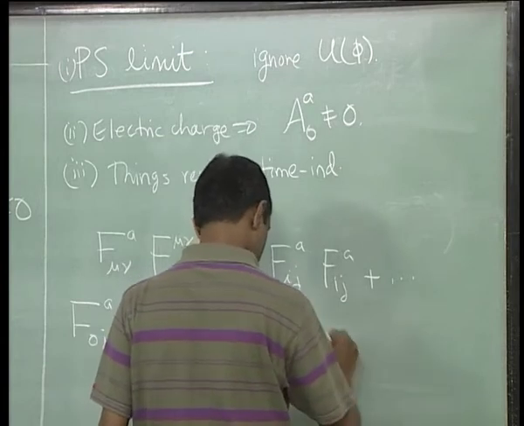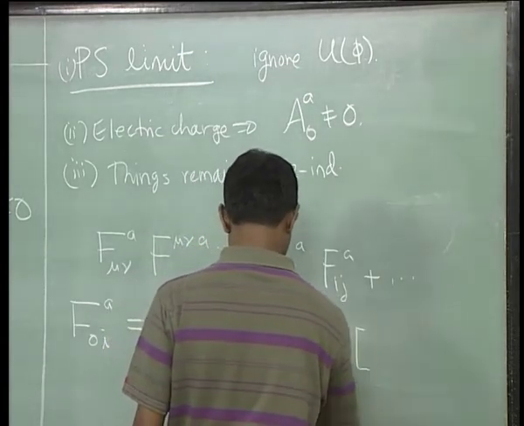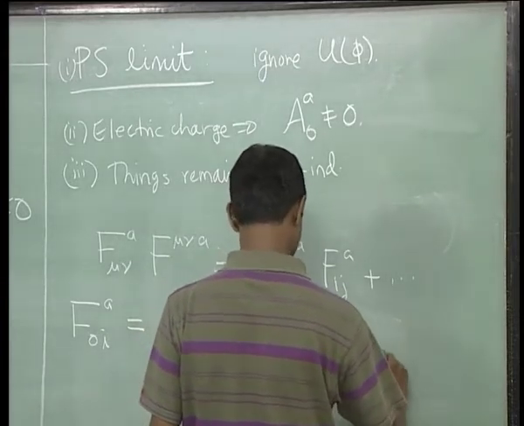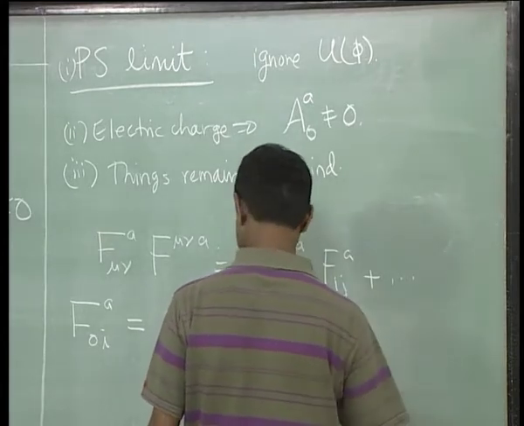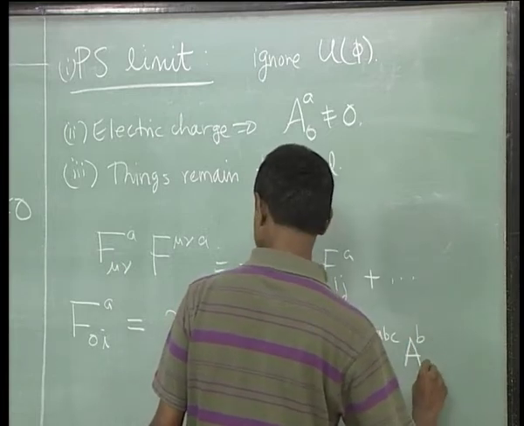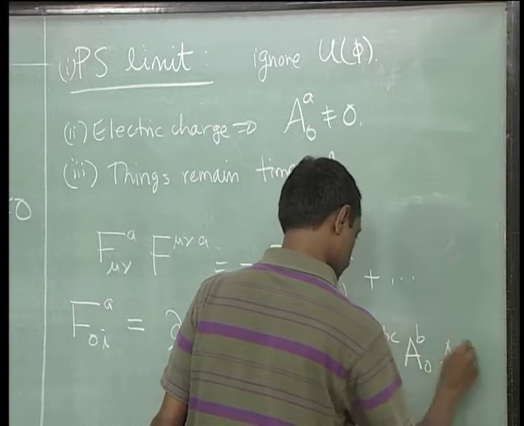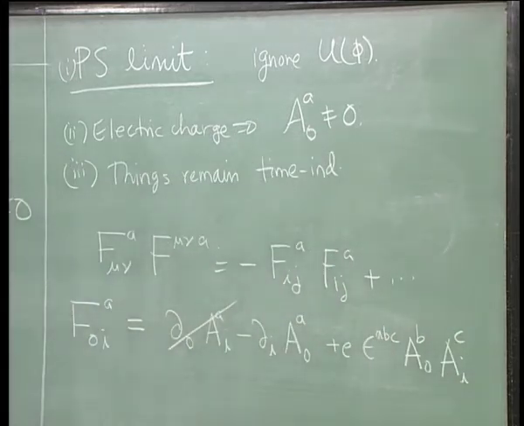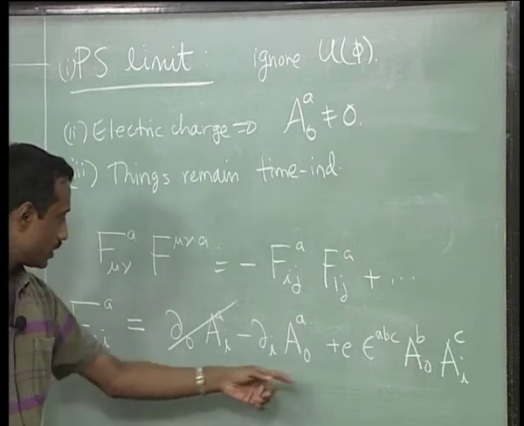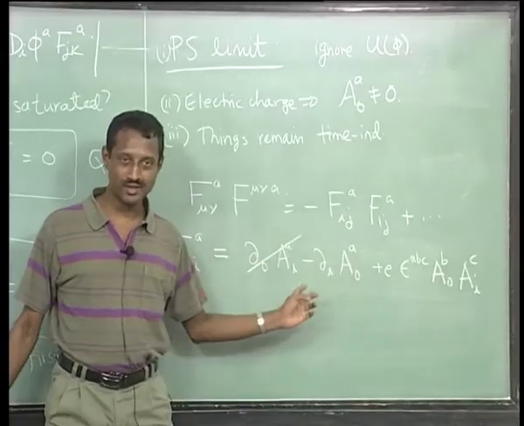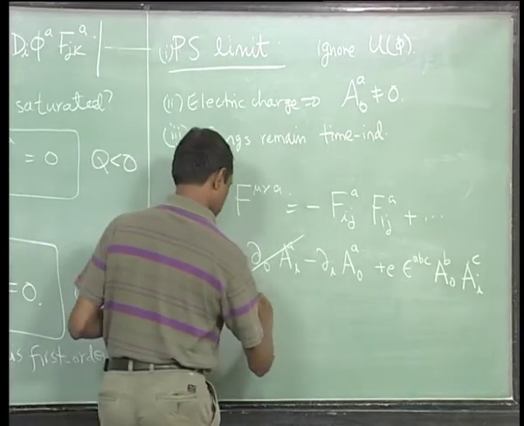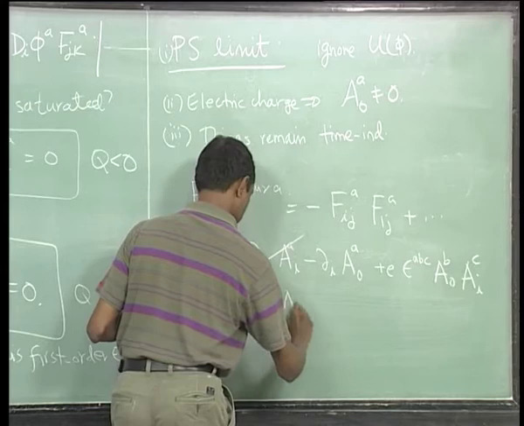Then we get plus epsilon A0 terms. All I have done here is get rid of this time derivative, but the rest remains. If you look carefully, I can rewrite this as minus d_i of A0^a.